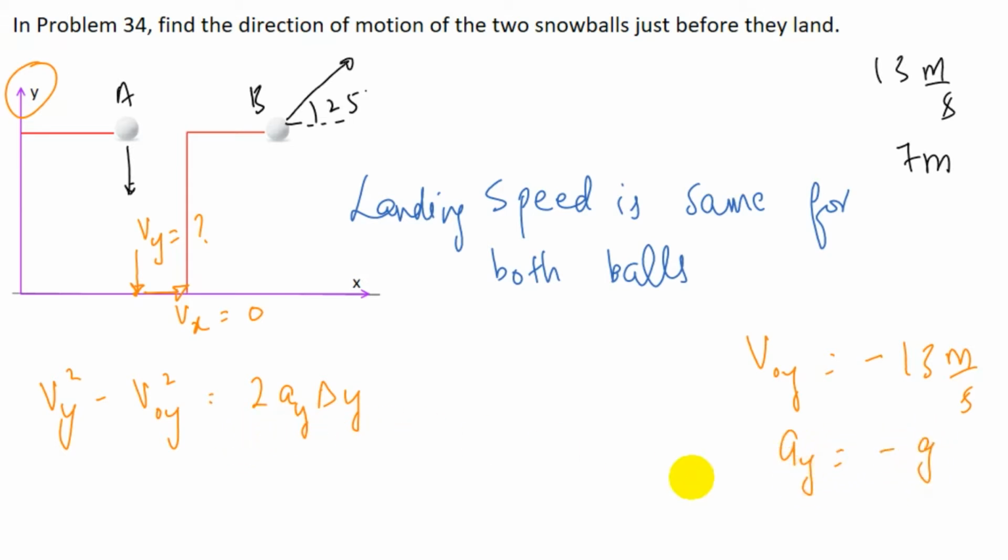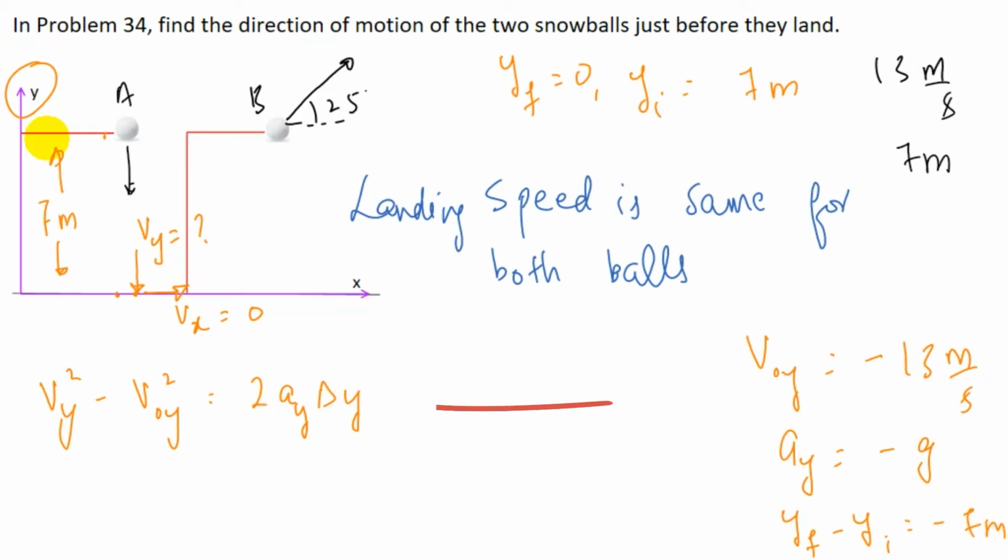Then delta y is the final position minus the initial position. The final position yf is 0, and the initial position is at 7 meter height, so yf minus y initial should be minus 7. The sign should be considered very carefully.